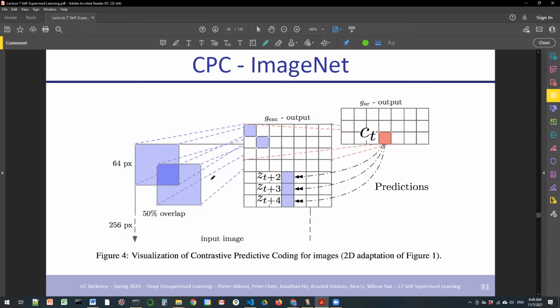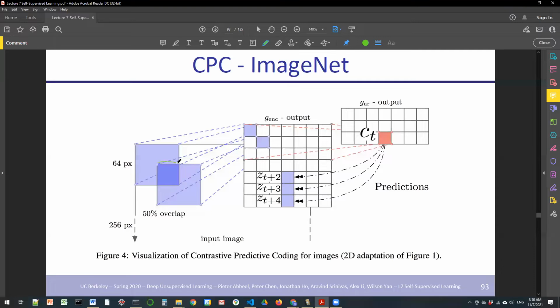So in the case of image, what they have done to use the CPC framework is take, let's say, a 256 by 256 image and chunk it. Remember we've discussed this in an audio context, there needs to be some mutual information. So they take a 64 pixel slice, and the next slice has an overlap.